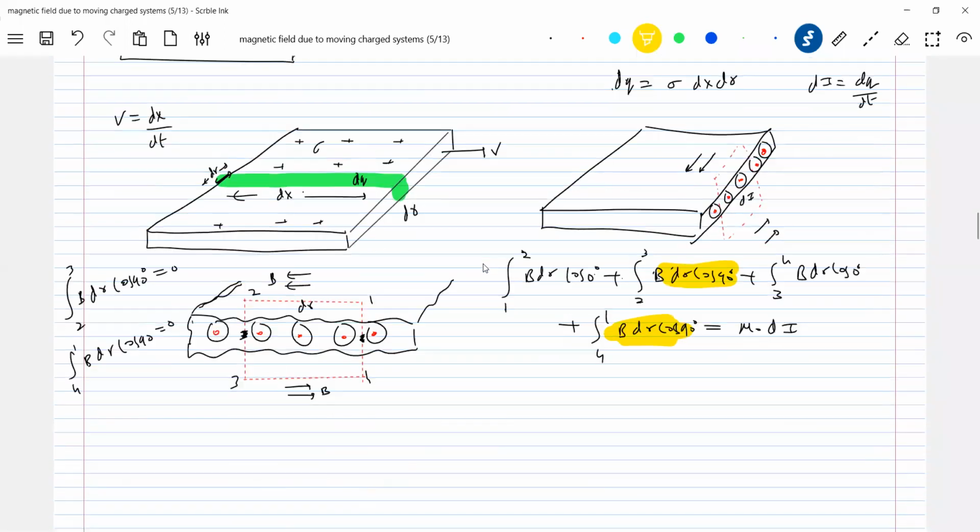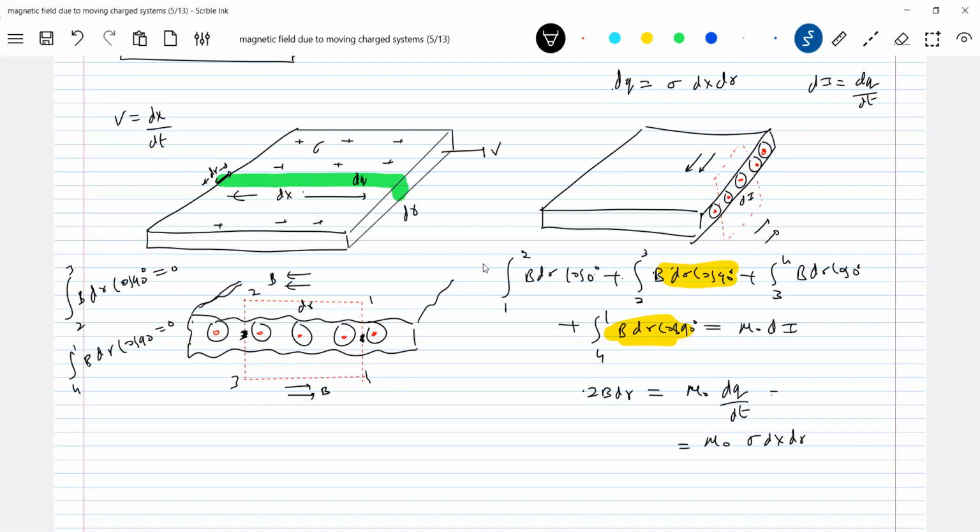Simplification of this, it will be 2 B dr is equal to mu naught. What to write for di? Di is what? dq by dt. Further, dq by dt, what you can write it as? What is dq?